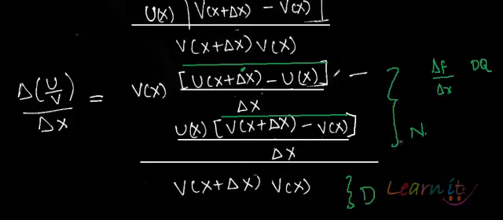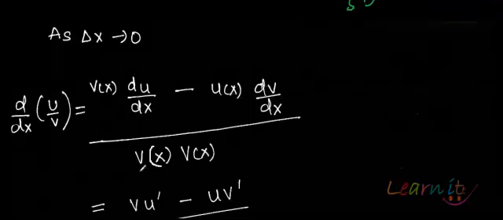As soon as I take the limit as delta x goes to 0, what will happen?